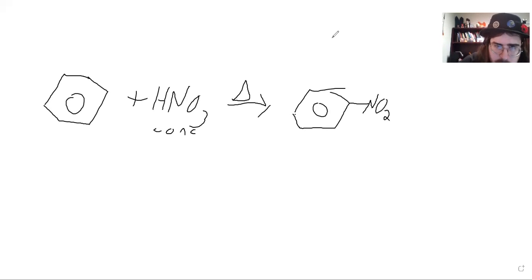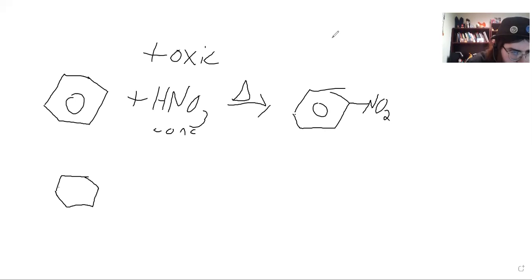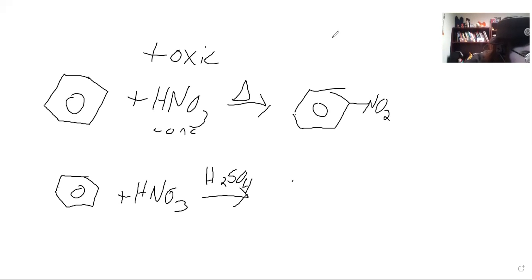But this is toxic, dangerous, not really good. A safer method is using another acid as a catalyst. So the safer method is we add HNO3 in stoichiometric quantities, and we have H2SO4 as our catalyst.